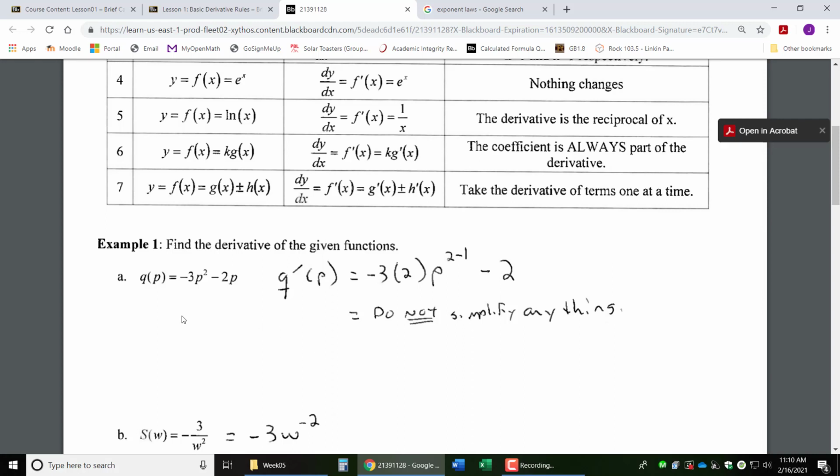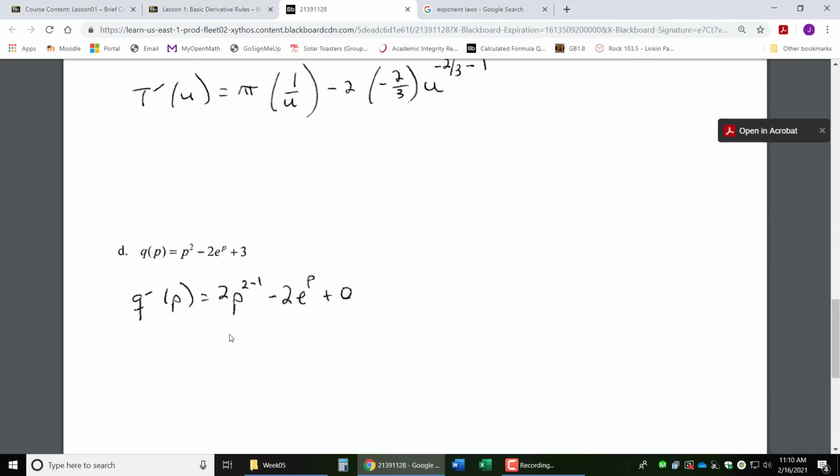So example A, the derivative of the minus 2p has nothing to do with the minus 3p squared. So likewise on this final one, each of these are 3 independent terms that you just apply the derivative to each one. So p squared, 2 in front, exponent 2 minus 1, you're done with the p squared.